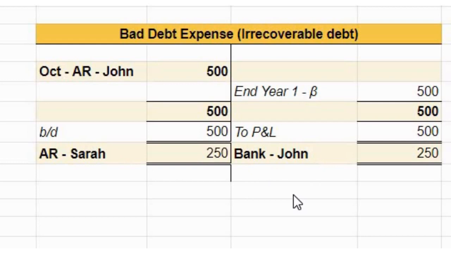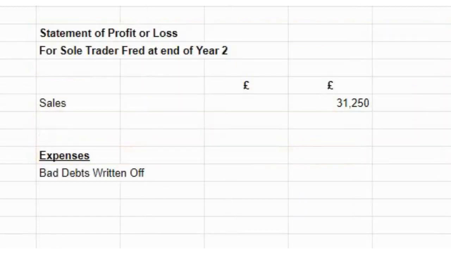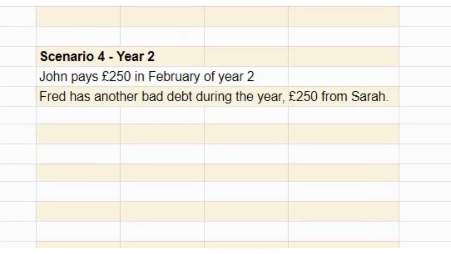So if you took a balance there is no balance to transfer to the statement of profit or loss because the balance is zero. They cancel each other out. There is nothing to report. And so the bad debts expense wouldn't even appear in the statement of profit and loss, but if it did, there would be a zero, nothing, nil. And those were the entries for scenario number 4.